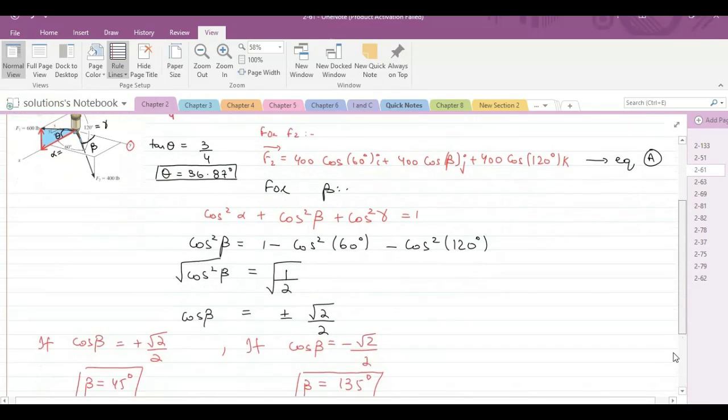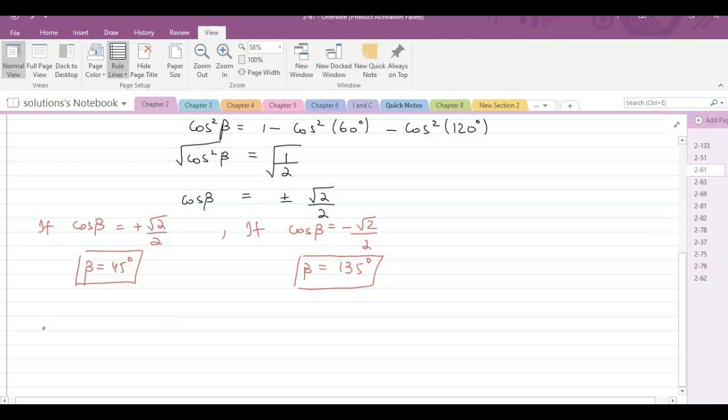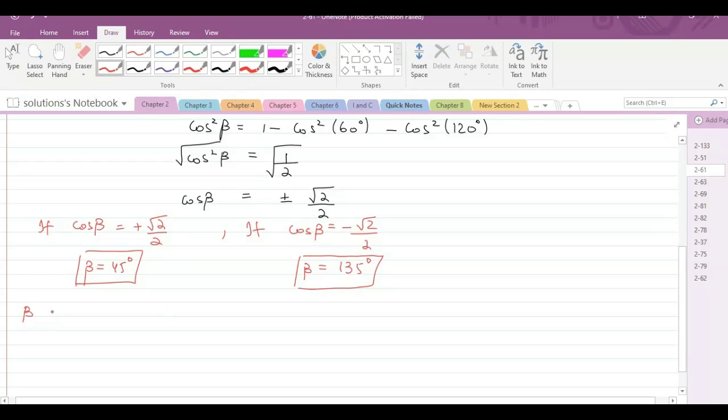So let me write it here: beta should be selected in such a way that F2 cos beta, that is the y component of the F2 force, has to be positive.